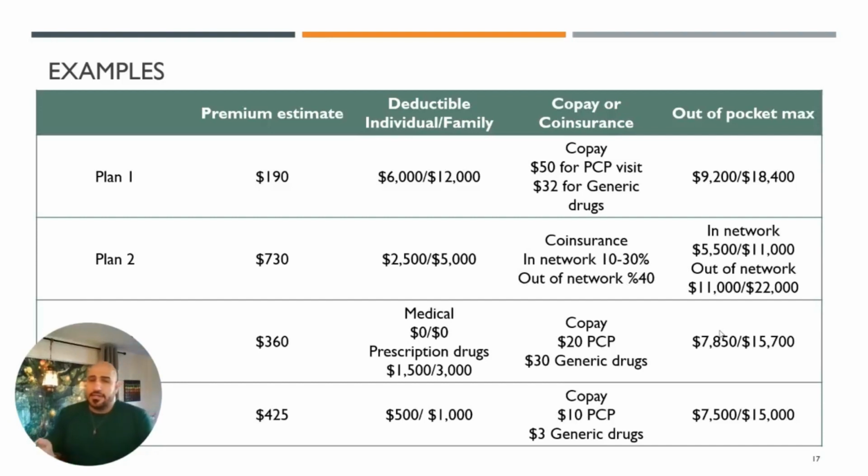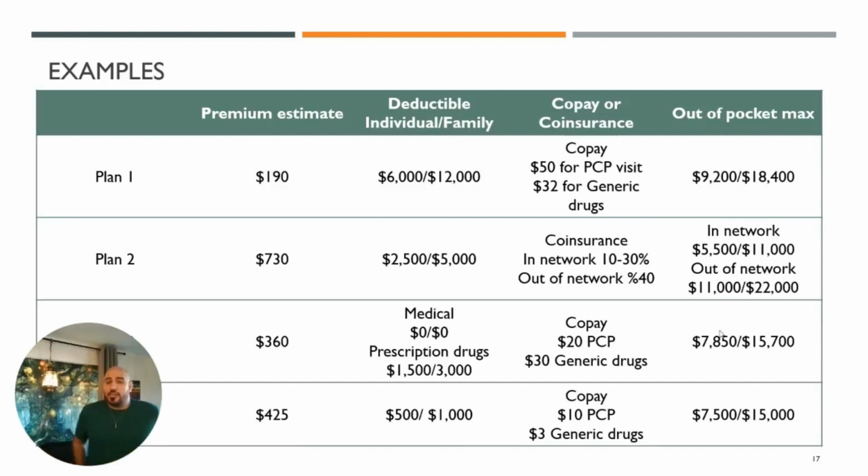It depends on the service, and for out of network, it's 40% that the person will be paying. And the out of pocket is different for this one for in network versus out of network.